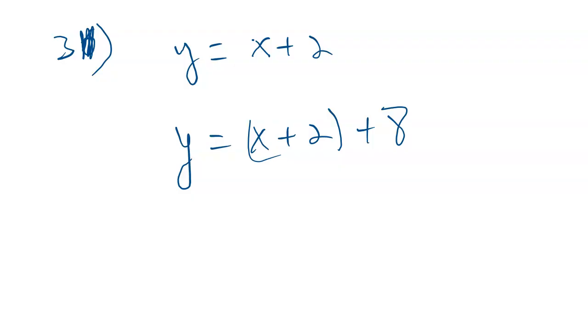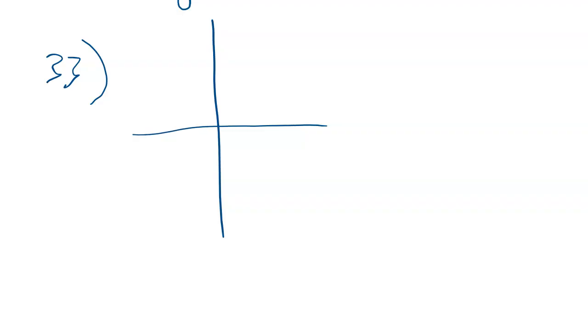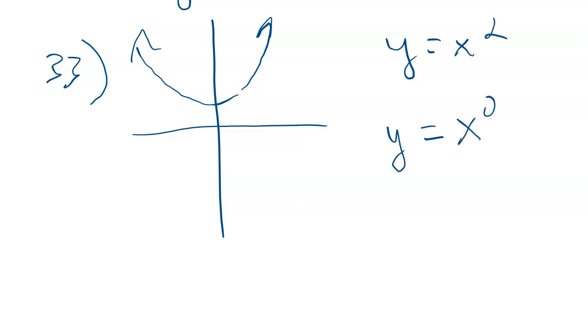Okay, so this is kind of what I was doing. 33. They give you a parabola that's been shifted up 1 unit. So if the parent function is y equals x squared, its transformation is x squared plus 1. No big deal. 35.